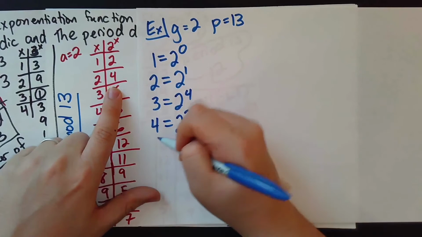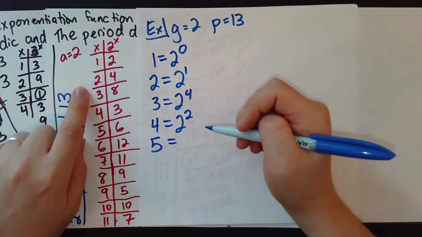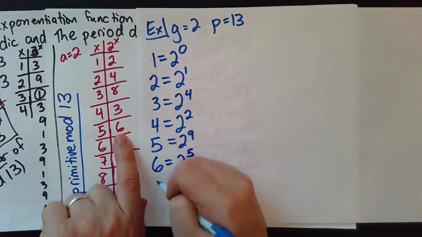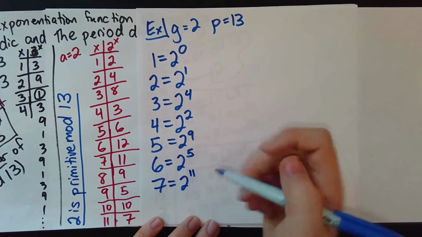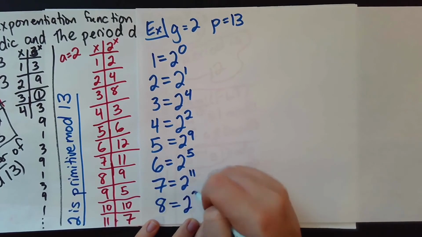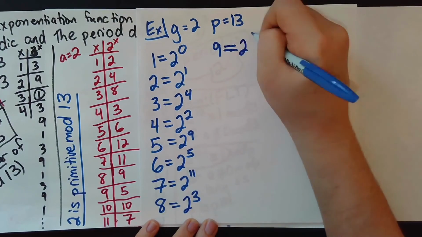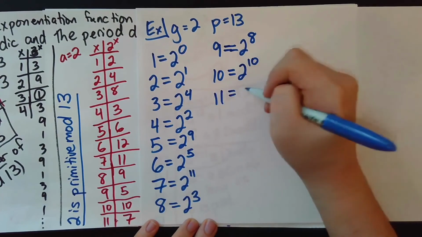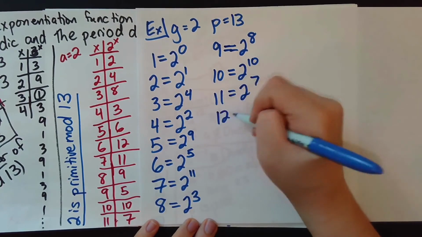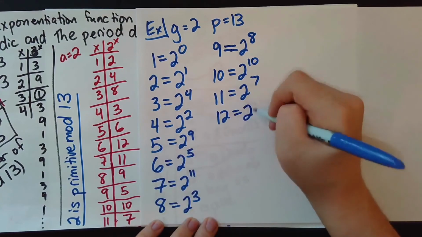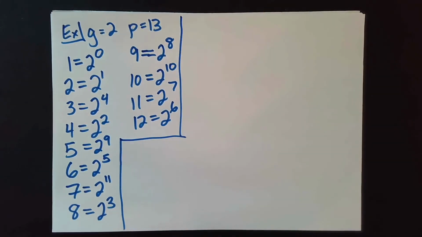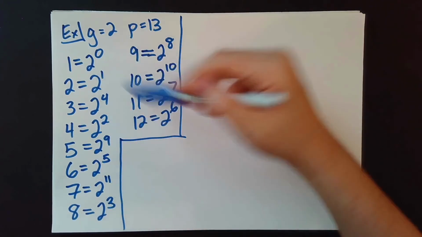Okay, that's also not very impressive. 5 is 2 to the 9th. 6 is 2 to the 5th. 7 is 2 to the 11th. 8 is, no surprise, 2 cubed. 9 is 2 to the 8th. 10 is 2 to the 10th. 11 is 2 to the 7th. And 12 is 2 to the 6th. So that is every non-zero element, mod 13, written in this form, that is written as a power of 2.